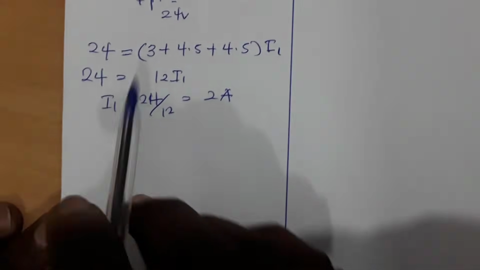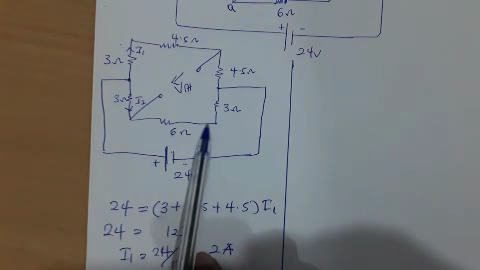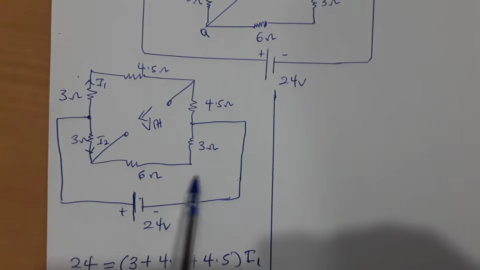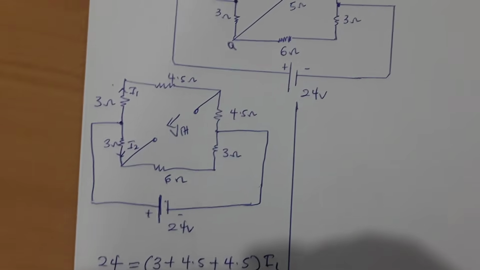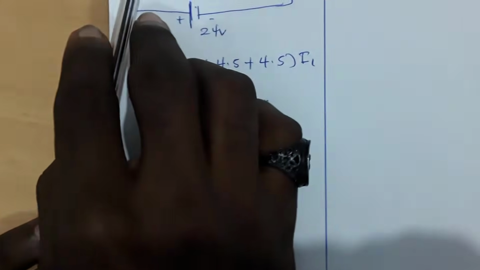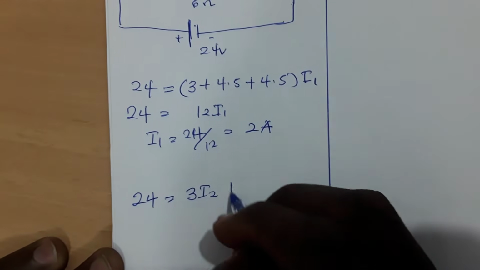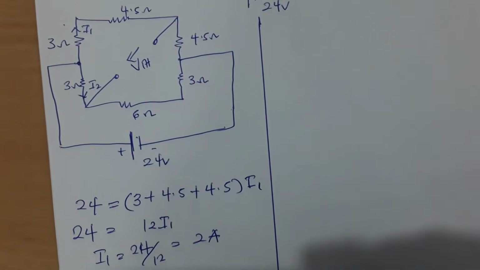Okay, we can also take this loop here and write an equation like this. So it will be 24, that's this voltage source, and we have 3I2 plus 6I2 plus this 3I2.